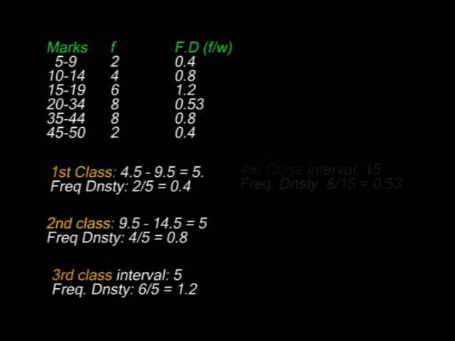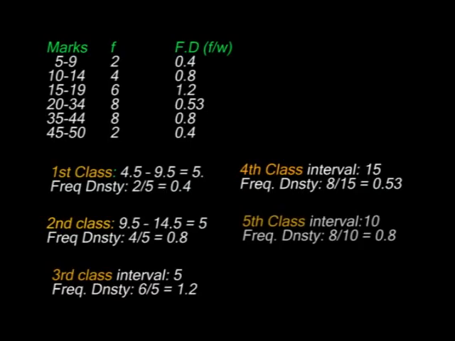Fourth class, from 19.5 to 34.5, that is an interval of 15. Frequency is 8. 8 over 15 is 0.53. The fifth class, we have an interval of 10. Frequency density becomes 8 over 10, which gives us 0.8. The last class, the interval is 5. Frequency density is 2 over 5, which gives us 0.4.